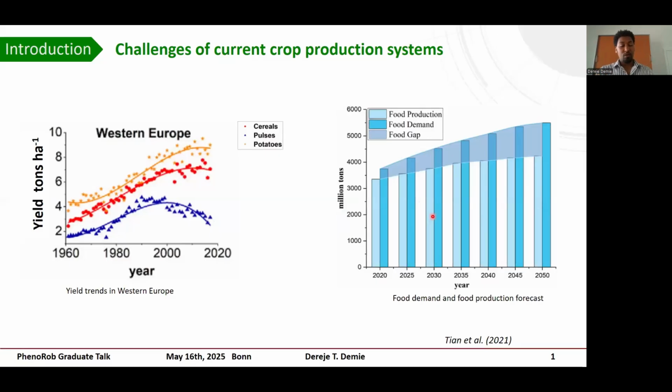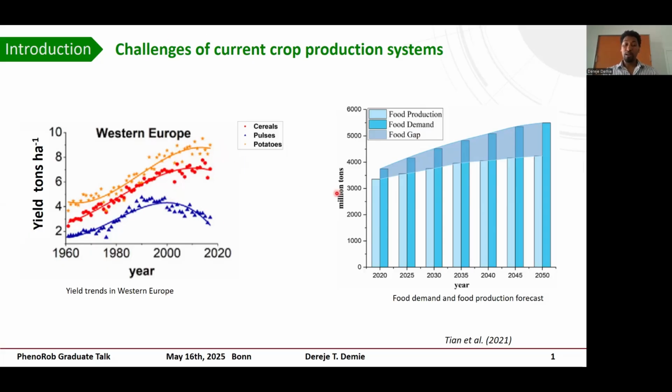So over the last 6 decades, crop yield has increased, except the recent stagnation in some part of the world. In this figure, we see that the crop yield increased since 1960 in Western Europe for many cereals, pulses and potatoes.